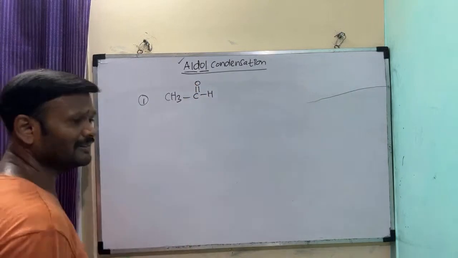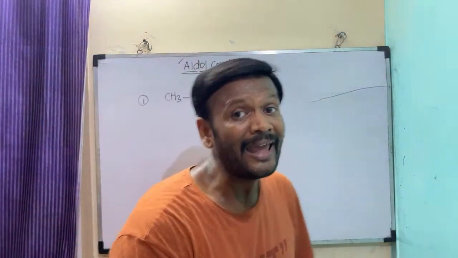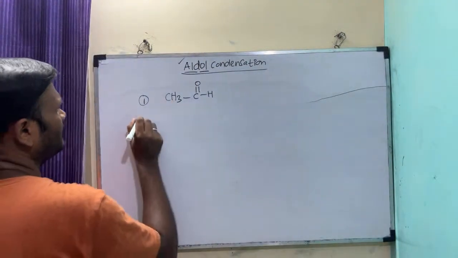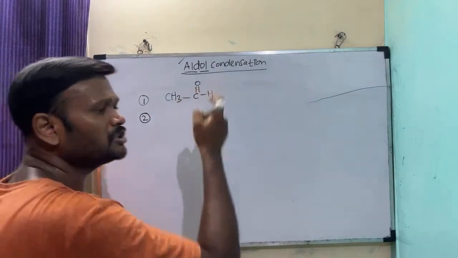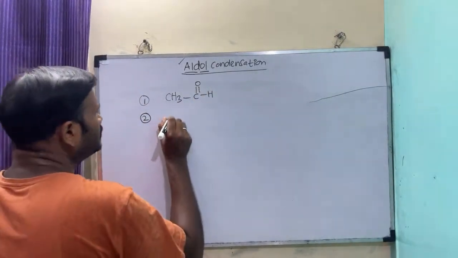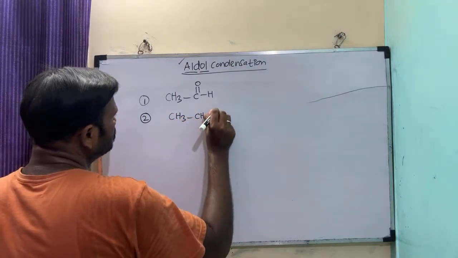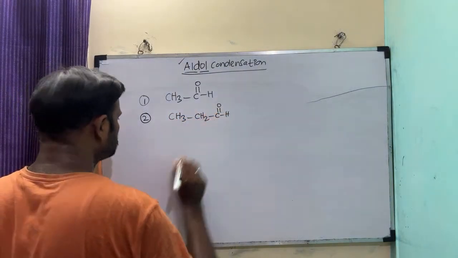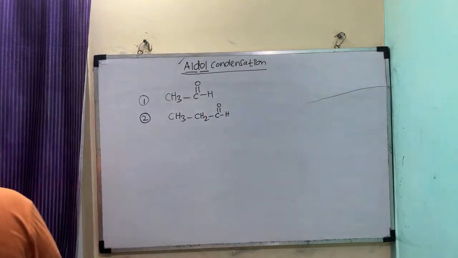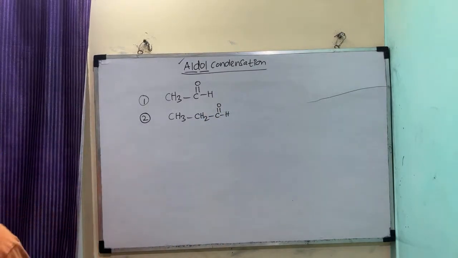This is ethanal. Will this be involved in aldol condensation or not? We have to check it. Then the second molecule, CH3, CH2, C double bond OH, propanal. Whether it is involved in aldol condensation or not, let's check.